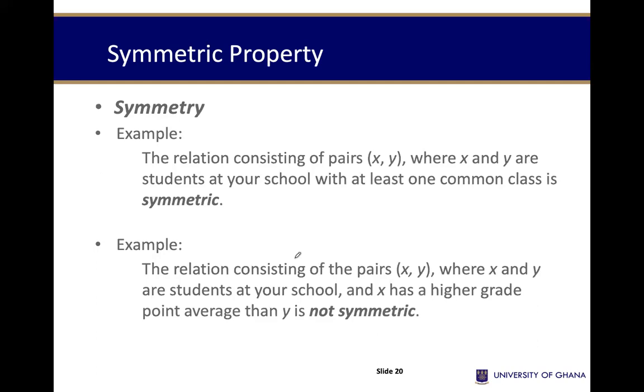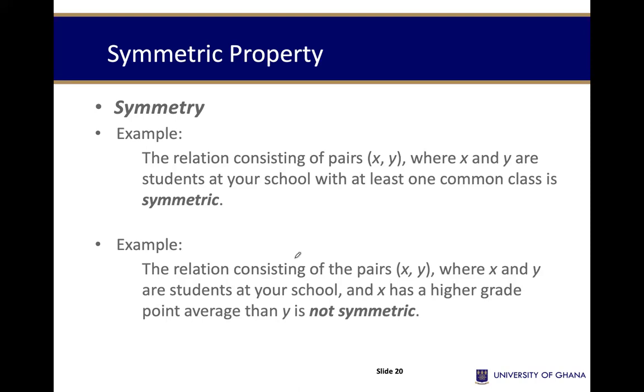So we can have this example: the relation consisting of the pairs XY, where X and Y are students at your school with at least one common class, probably can be symmetric. So all the students who are probably in this class, we are assuming that in terms of the course we are doing, we are all related. So that's fine. Now, another relation can be the pairs XY, where X and Y are students at your school and X probably will have a higher grade point average than Y. It's not symmetric.